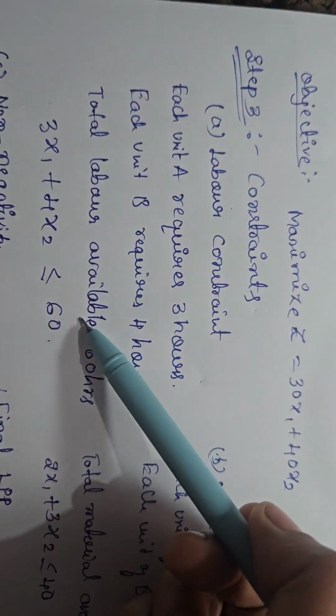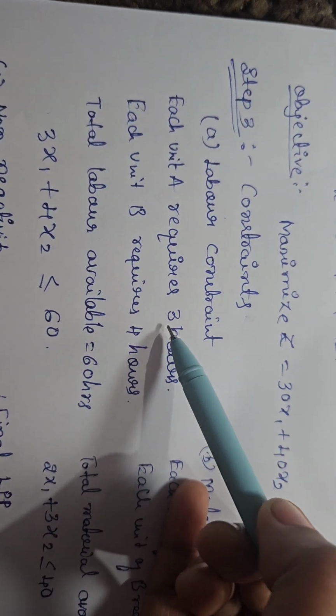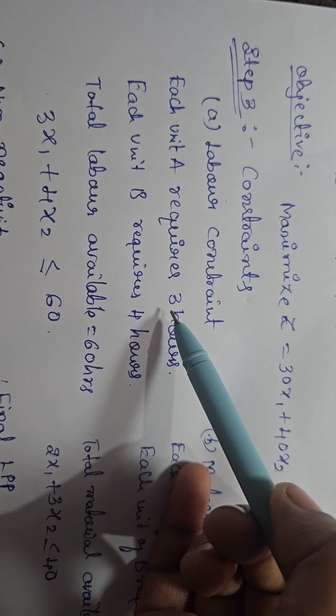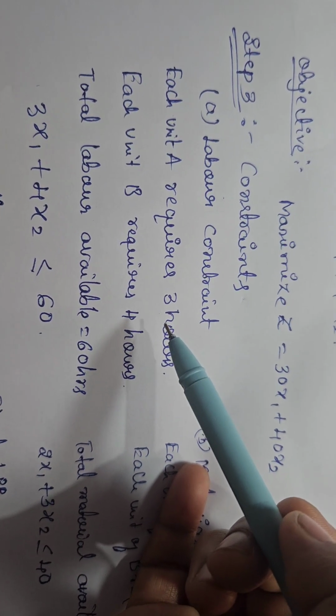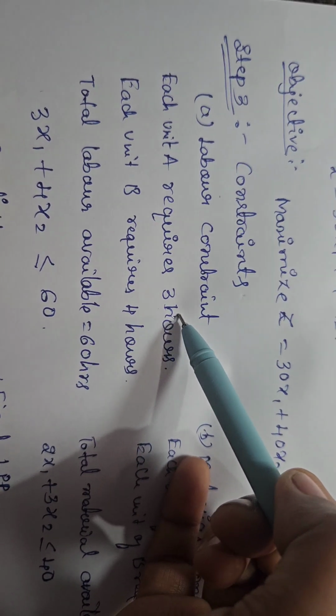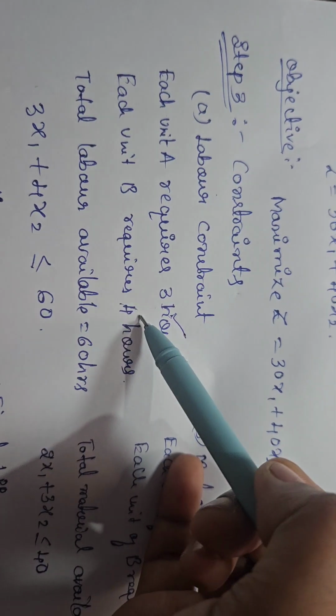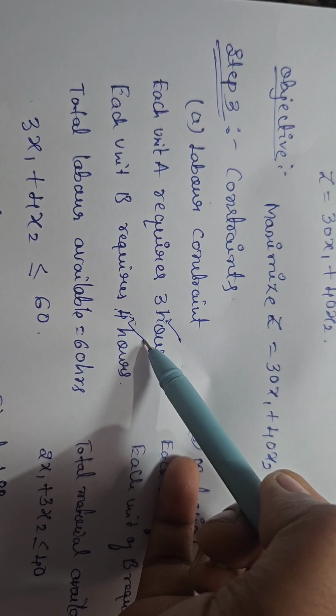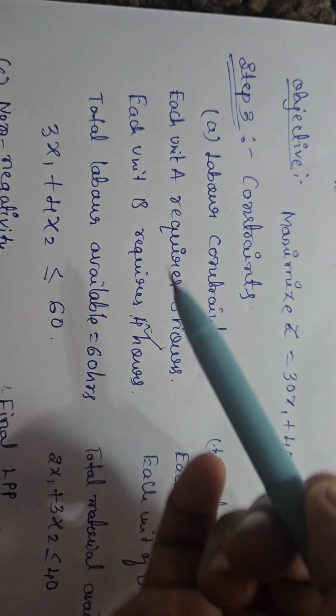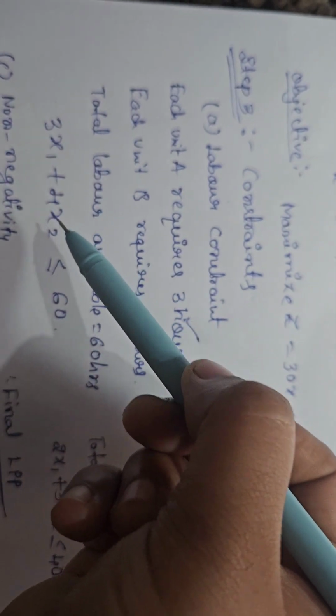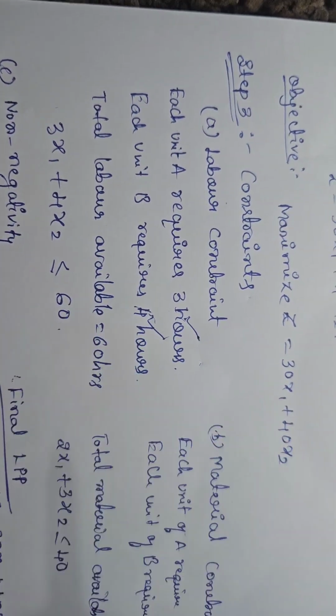Total labor available is 60. Then we can write it by using the decision variables x1 and x2. x1 we already took for A, x2 we already took for B. So 3x1 plus 4x2 is less than or equal to 60.